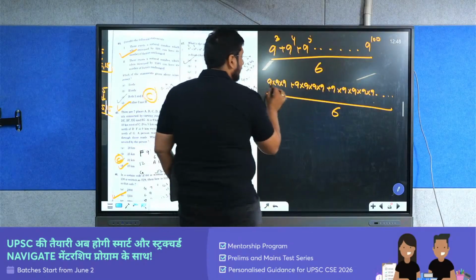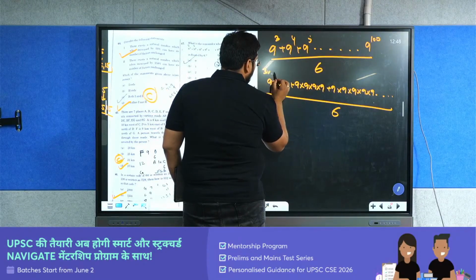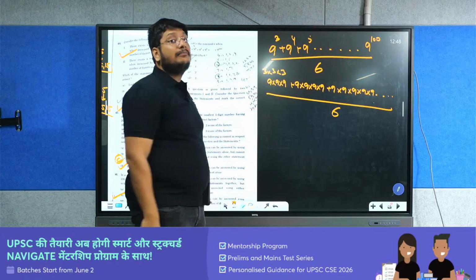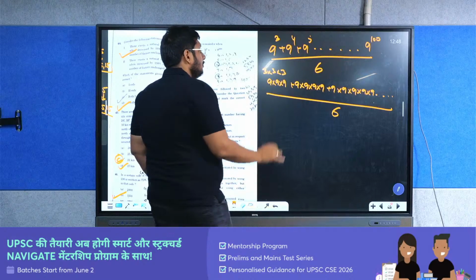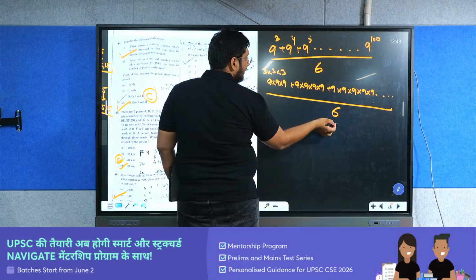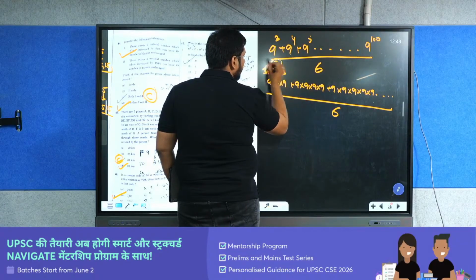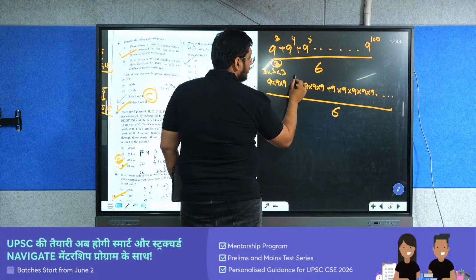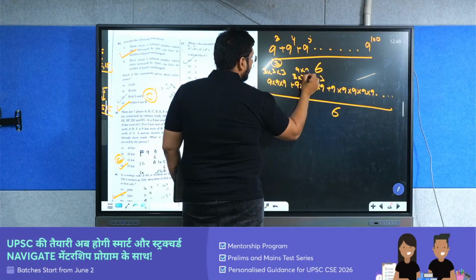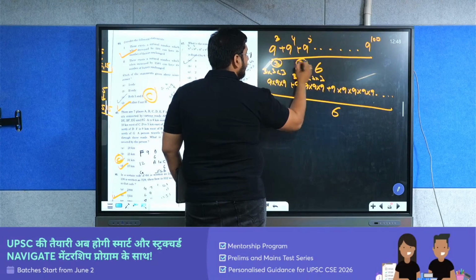If I divide 9 by 6, I'll get remainder 3. I have explained in the class, remainders are multiplicative. 3 into 3 into 3, 3 3s are 9, 9 3s are 27. 27 divided by 6, remainder 3. Similarly, 3 into 3 into 3 into 3, 9 into 9, 81, remainder 3.